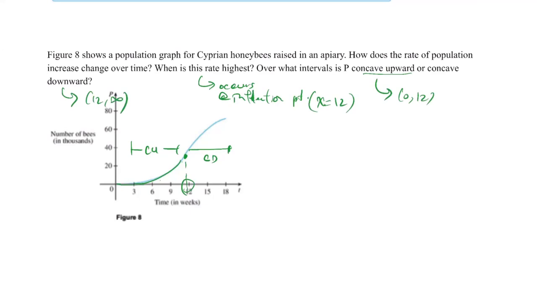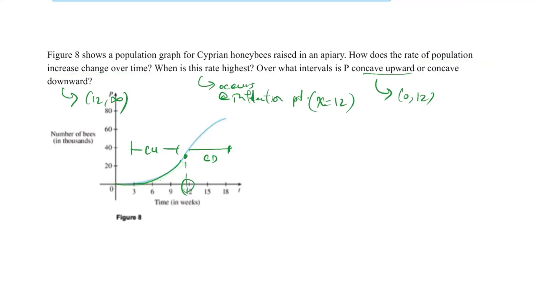All right, how does the rate of the population increase change over time? So basically, the slope is increasing, the population is increasing at a faster rate.